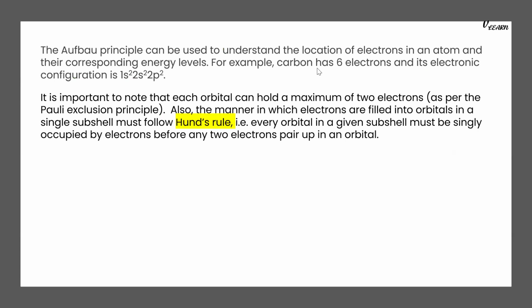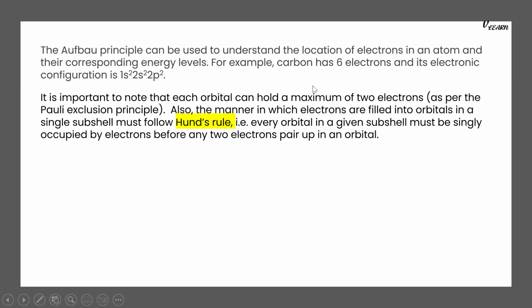Carbon has 6 electrons and its electronic configuration is 1s2, 2s2 and then 2p2. So what is the outermost energy level? 2. Okay, second level. So how many electrons are there in it? 2s2 and then 2p2. So altogether there are 4 electrons in the outermost shell. So carbon has a valency of 4.